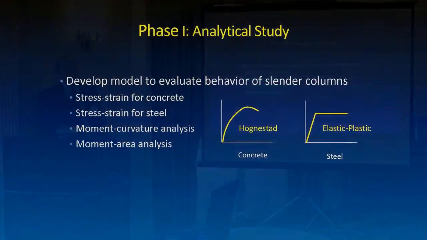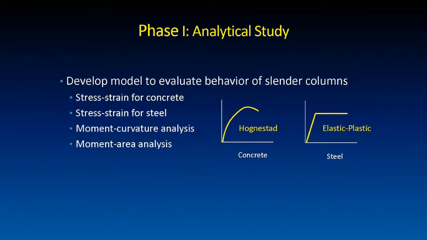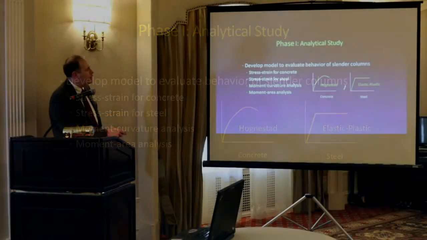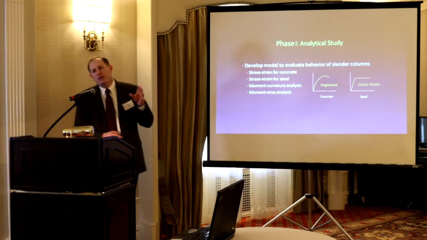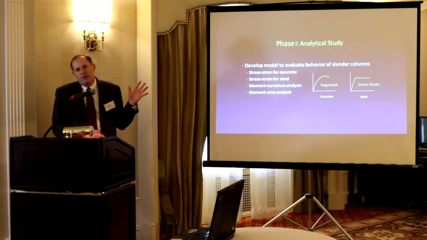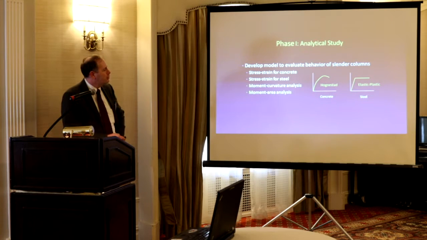So the first phase is we went analytically. The first phase of the study said, let's develop a model that can evaluate this, because this is just bending and axial load. We ought to be able to do that. So we looked at the stress strain for concrete using the regular Hognestad relationship. If we go to high strength, we may use a little different, but Hognestad works actually very well even for higher strength materials. And then elastic plastic for the steel, very simple.